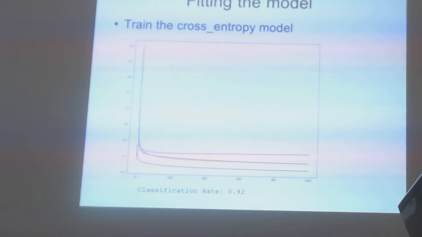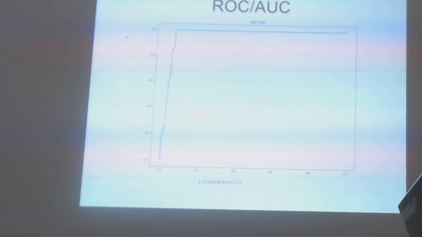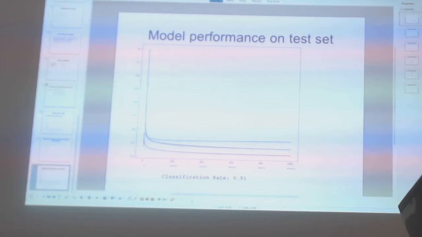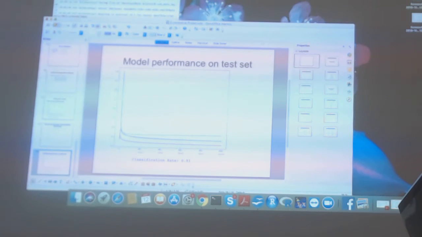I'm just wondering what it is you did here to get a curve that looks like this if you didn't train against your test set.